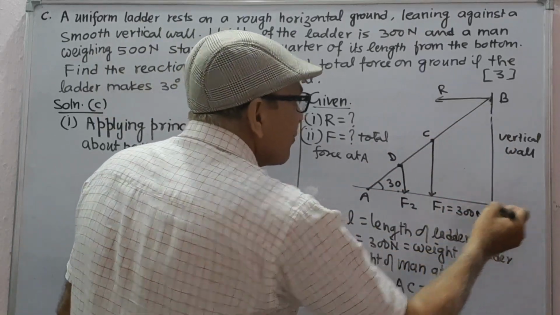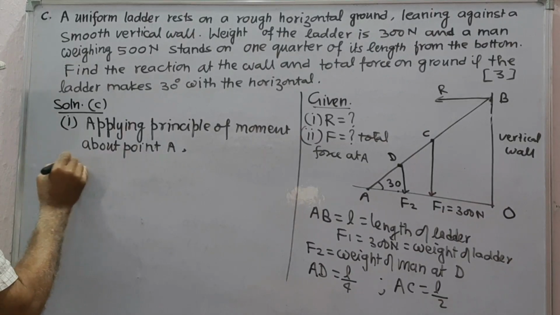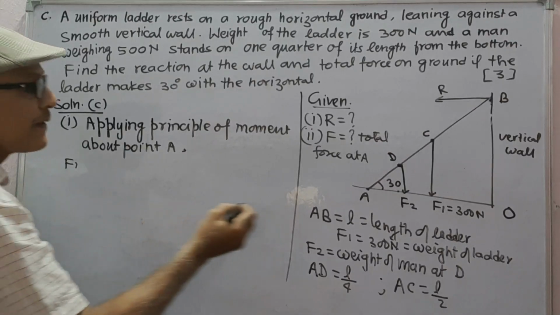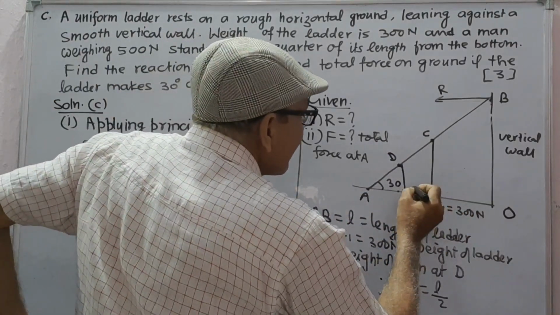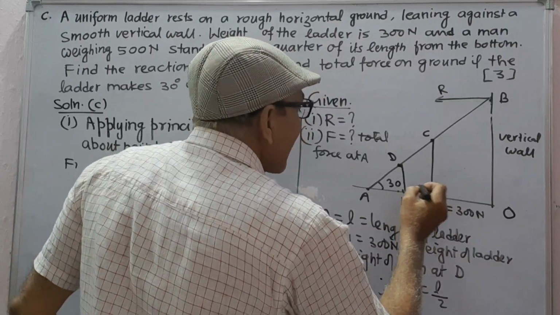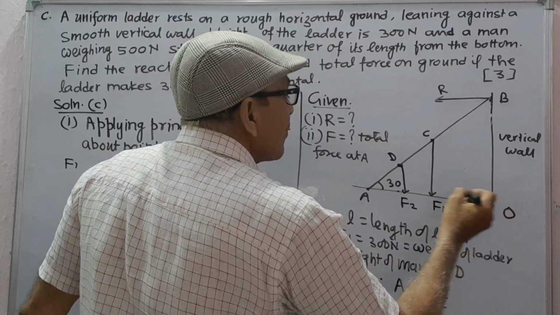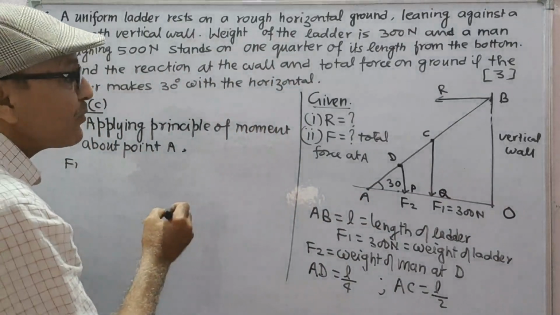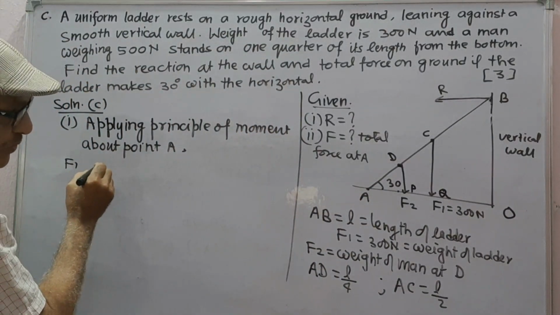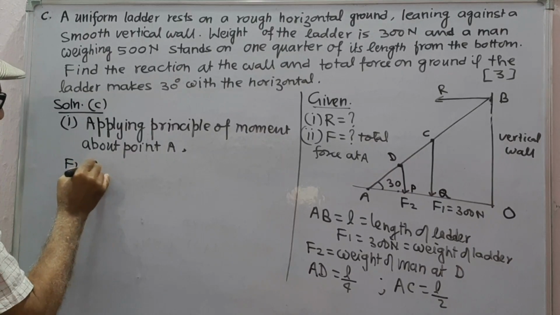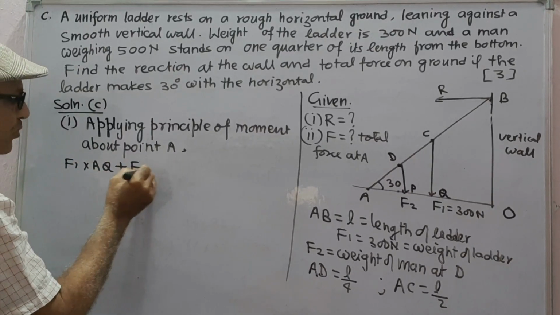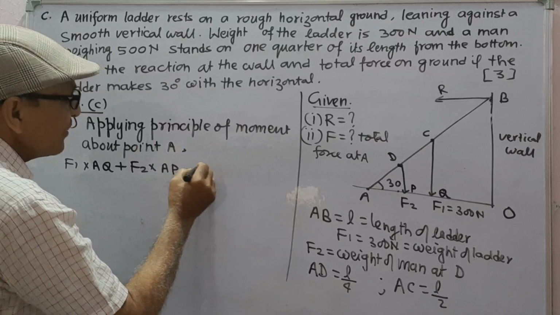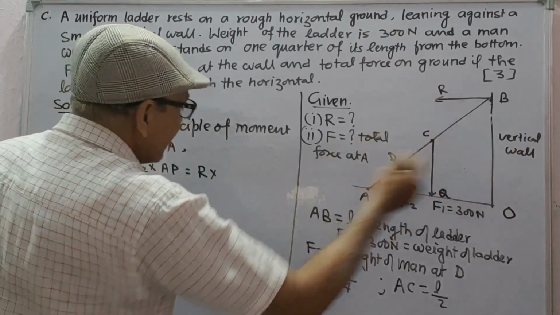Suppose this is O. So F1 into AQ plus F2 into AP is equal to R into BO.